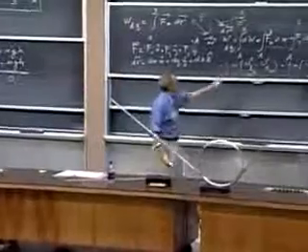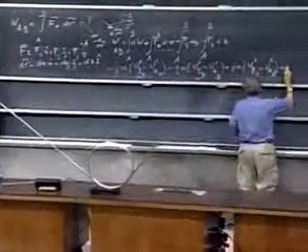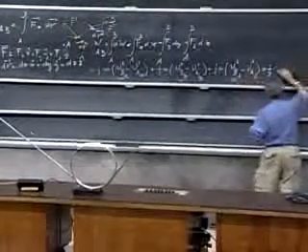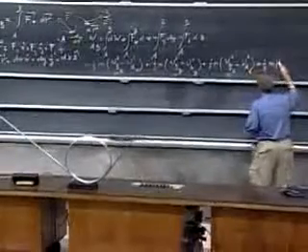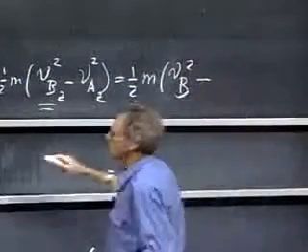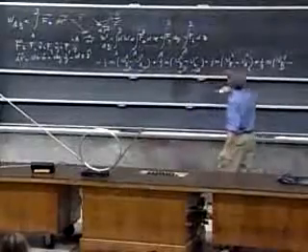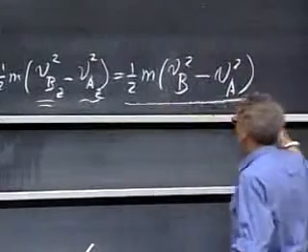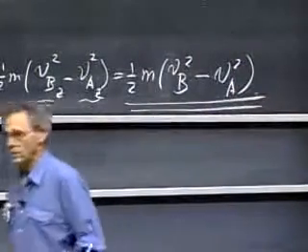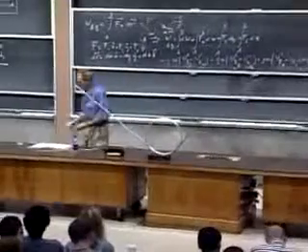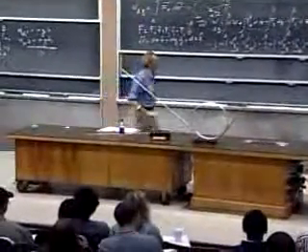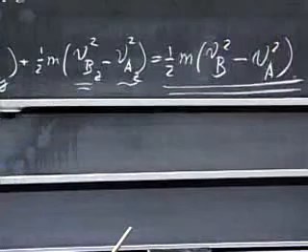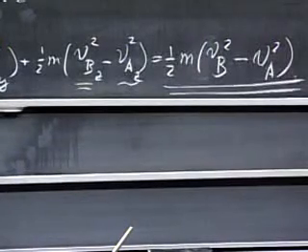So if you add up these three terms, you get 1/2 m times vb squared, oh, I lost my m, let me put my m in there, and here you see vx squared, vy squared, vz squared, minus va squared, and you get exactly the same result that you had before, namely that the work done is the difference in kinetic energy. You can always think of these as speeds. Velocity squared is the speed, it's the magnitude squared of the velocity.